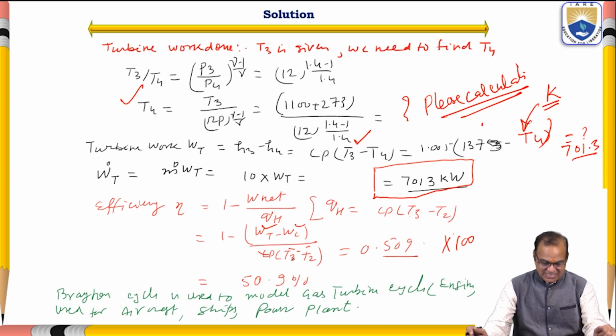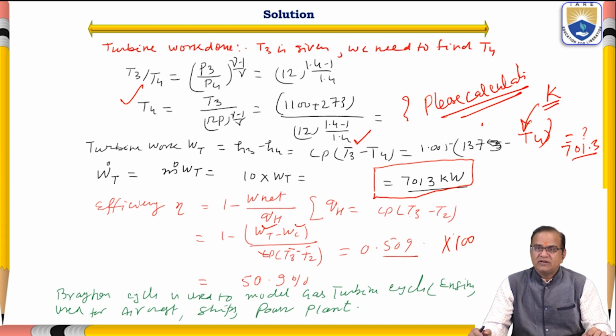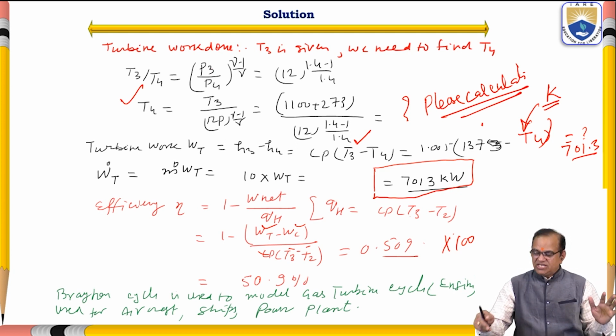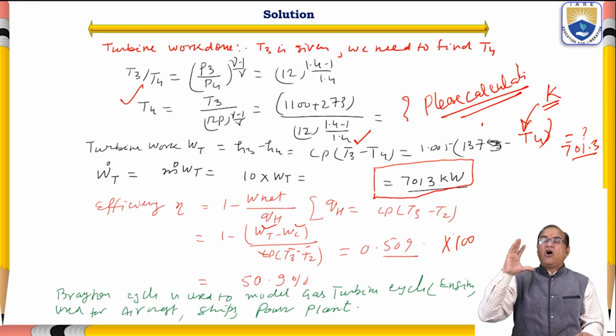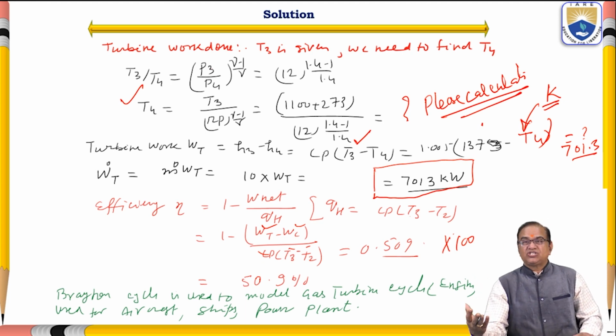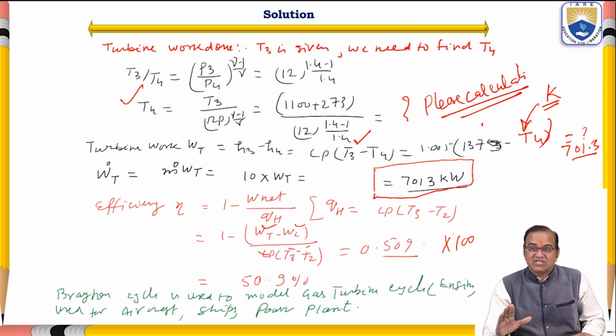It means the Brayton cycle is used to model the gas turbine cycle engine used for aircraft, ships, and power plants. In this way, you can calculate how much work is required for the compressor, how much work we can get, and the maximum compression ratio, which we have already derived in the previous lecture, that it is related to the square root of T3 by T1.